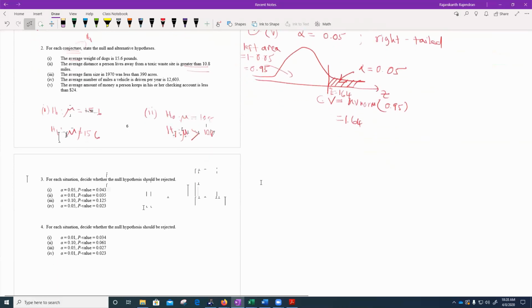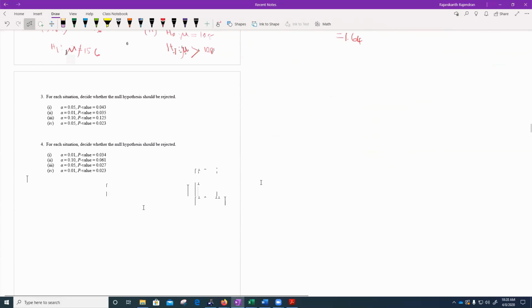If you have any question, please ask. Now here, it's very simple. You don't need to do anything. Just write your answer. Remember, I told you how we are going to use the p-value to decide whether the null hypothesis is rejected. Recall?